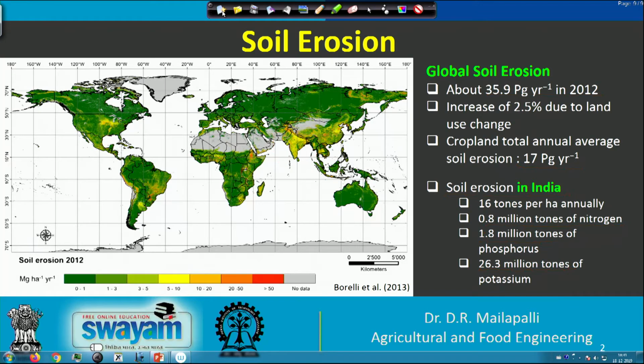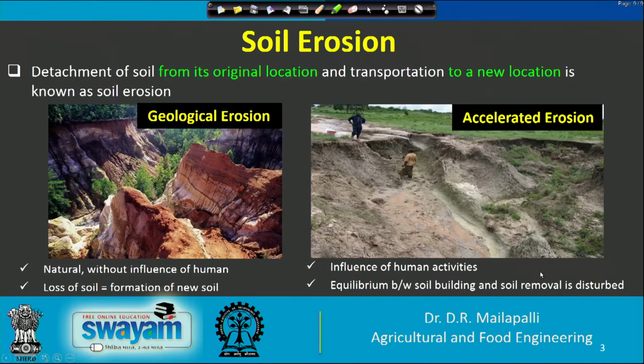The next is the basics. Soil erosion is basically the detachment of soil from its original position and transport to a new position. This is a simple definition of soil erosion.